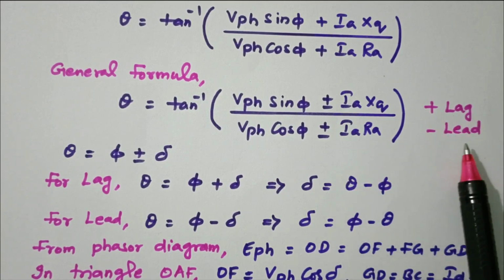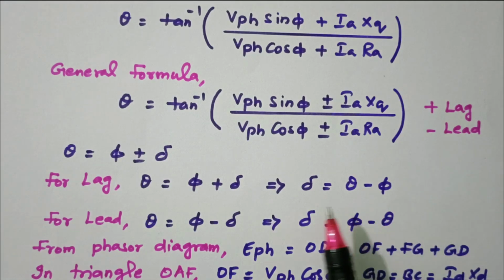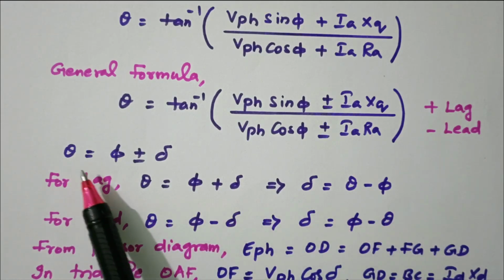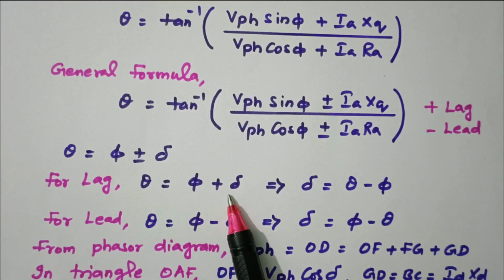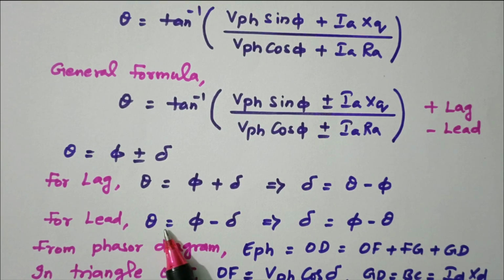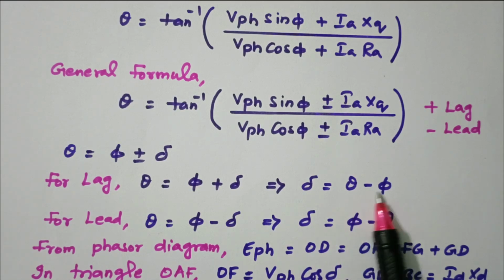Plus indicates lagging power factor, minus indicates leading power factor. This theta is nothing but phi plus or minus delta. For lagging, theta equals phi plus delta, so delta equals theta minus phi. For leading, theta equals phi minus delta, so delta equals phi minus theta.